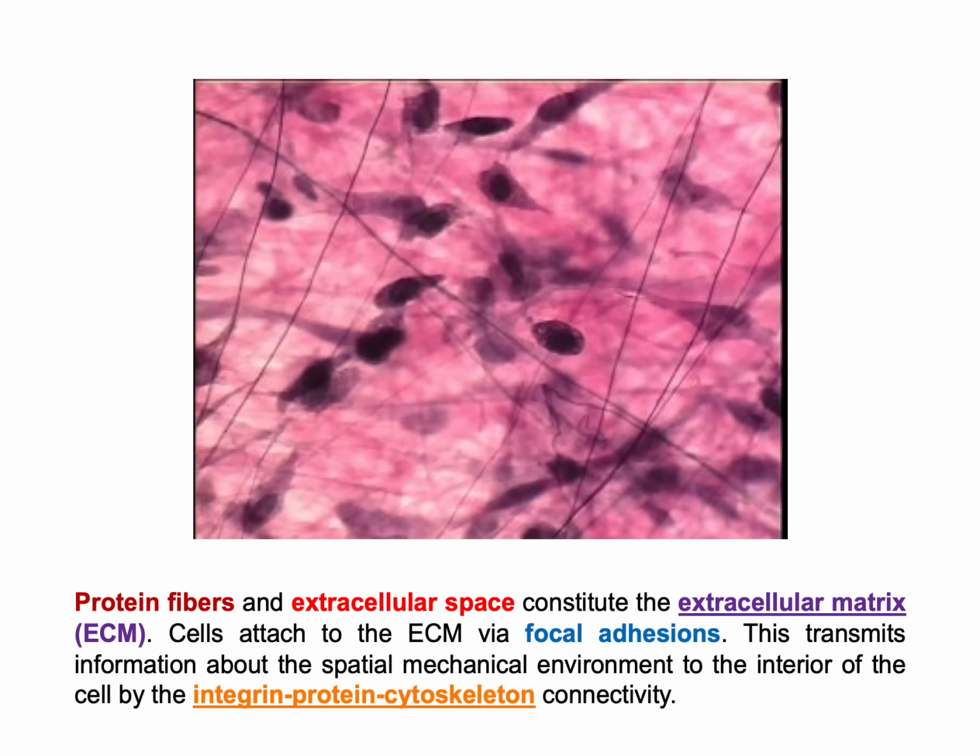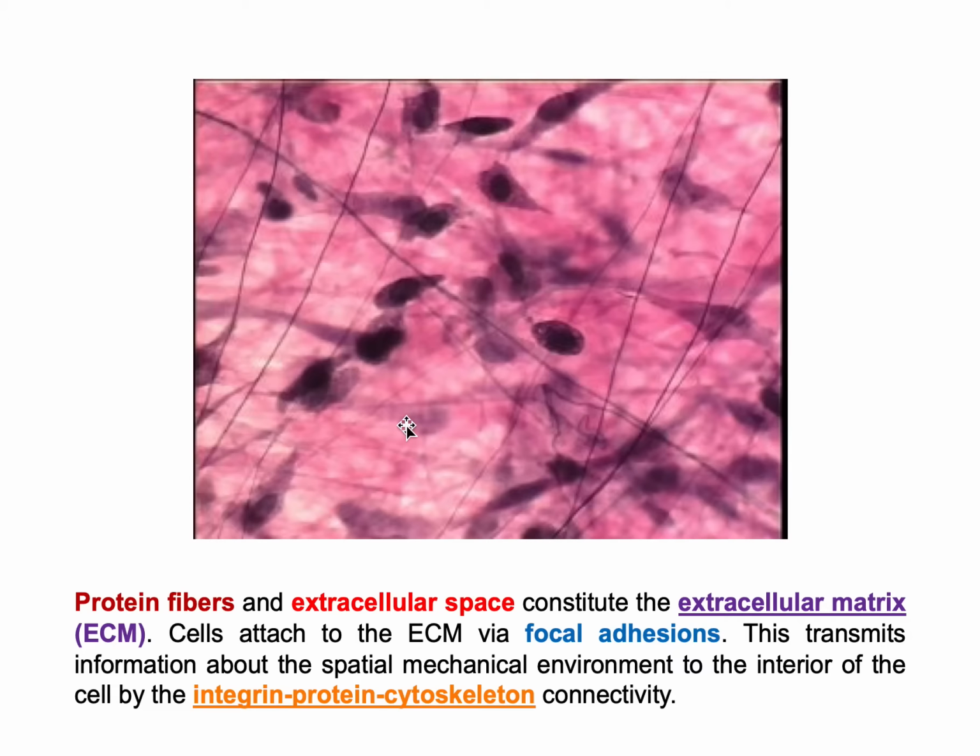One more thing we need to mention is that all the proteins and the fibers in the extracellular matrix are actually made by the cells. Cells create those proteins and secrete them outside the cells, and then they start interacting with them. To summarize, the extracellular matrix is a collection of protein fibers and space.